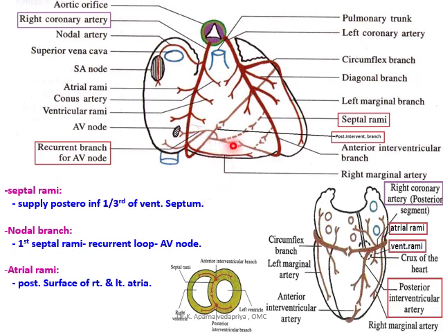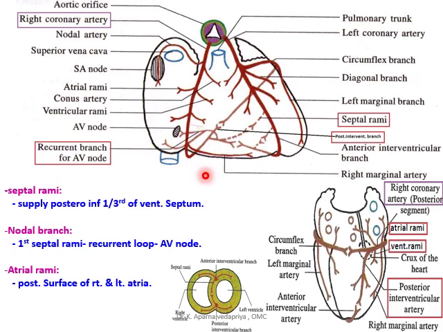So this posterior interventricular artery also gives rise to a nodal branch, which takes a recurrent loop. So it passes backwards and supplies the AV node, that is the atrioventricular node, which is present in the triangle of Koch.